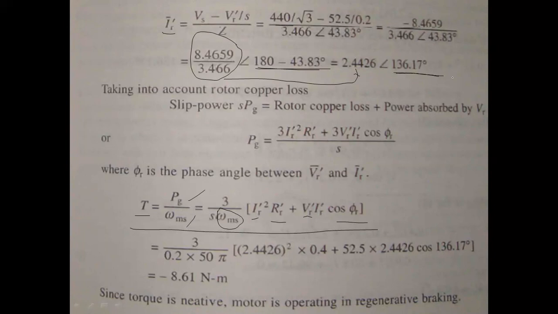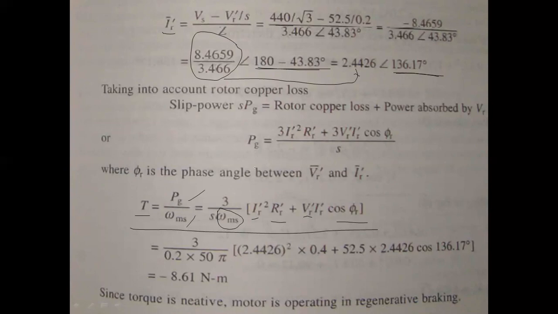Okay, now we have to consider the rotor copper losses. Taking into account the rotor copper losses, the slip power, that means normal power is PG, slip power means S into PG, that is equal to rotor copper loss. Because we are having a rotor, we have to consider this rotor copper loss also. So rotor copper loss plus power absorbed by the VR.